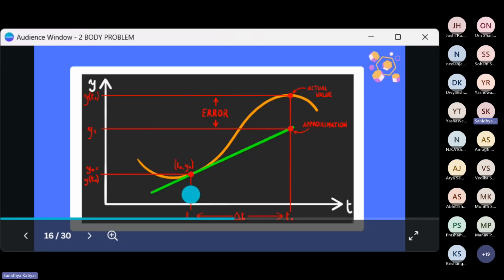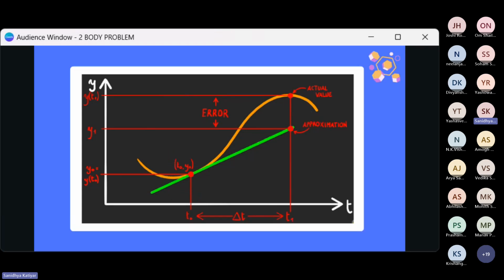If you take delta t equals 0.001, which is a small value, compared to dt, which should be tending to 0, it's clearly a much larger value.